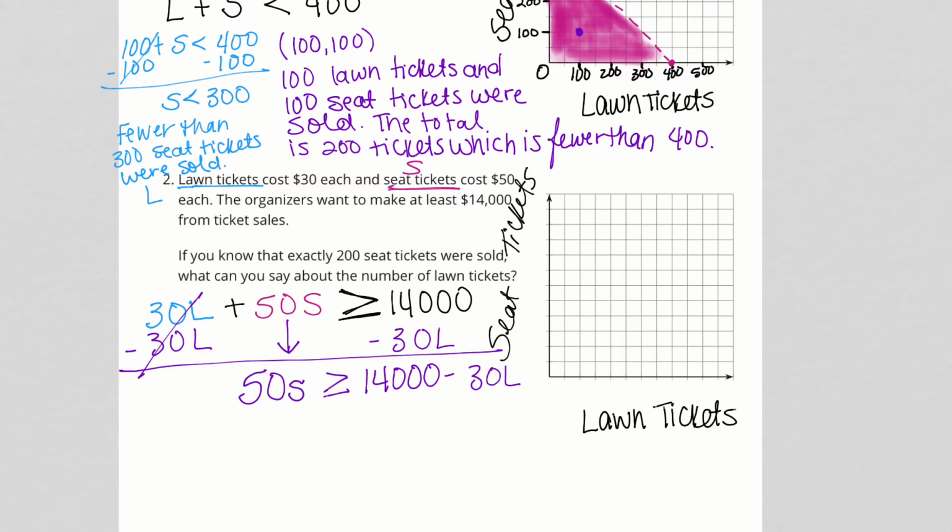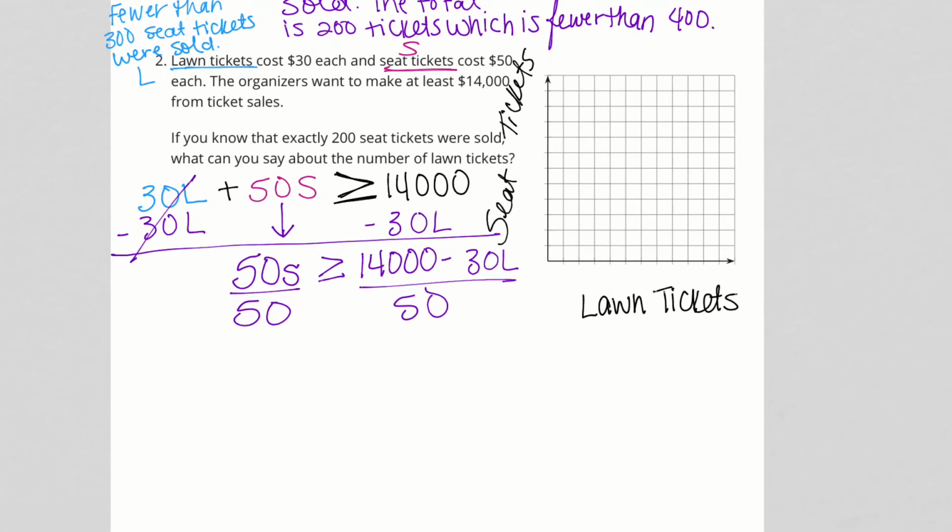Why do I not combine the 14,000 and 30? Because of the variable. Okay? What do I do now? We divide by 50. So this is going to cancel out over here, and we're going to have S is greater than or equal to. I'm going to plug this into my calculator.